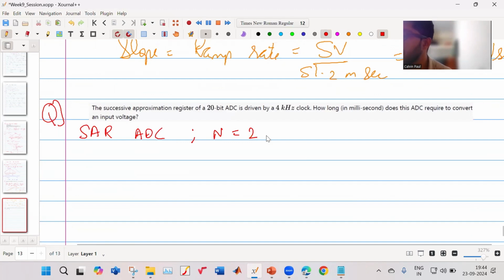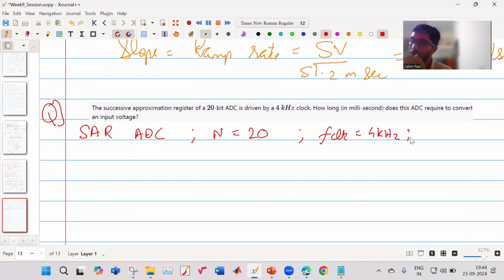Number of bits is 20. F clock is 4 kilohertz. Now, how long in milliseconds does this ADC require to convert an input voltage?